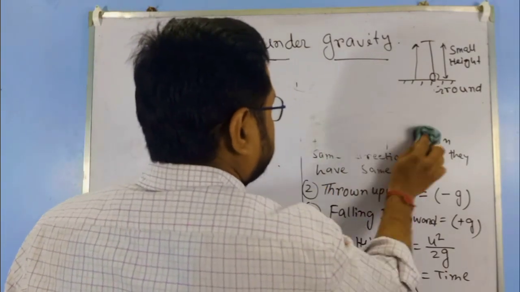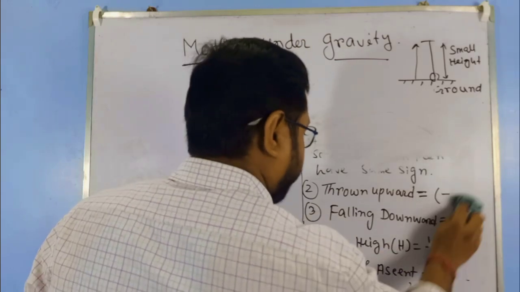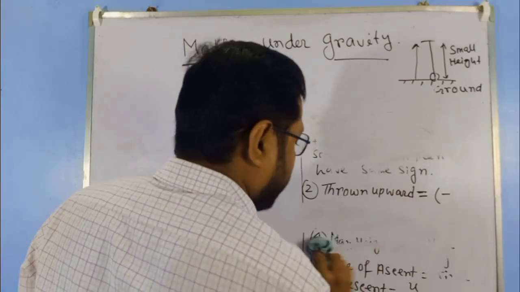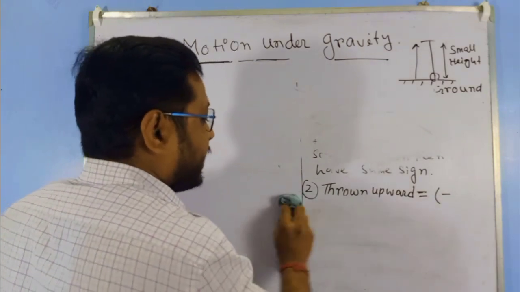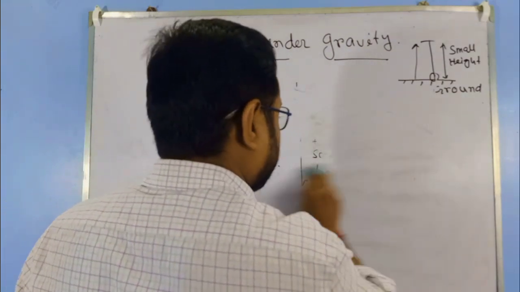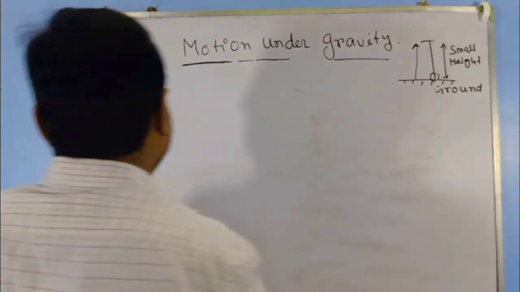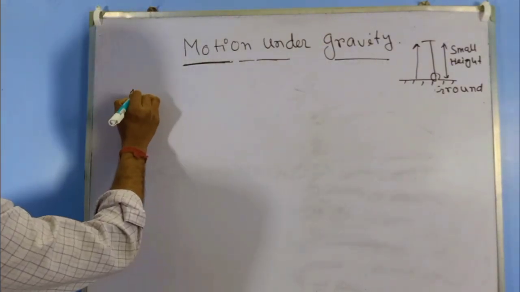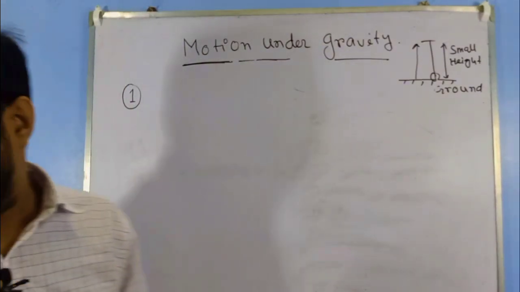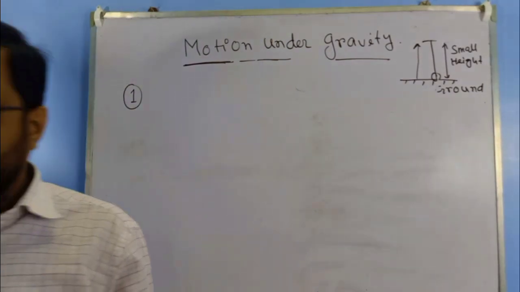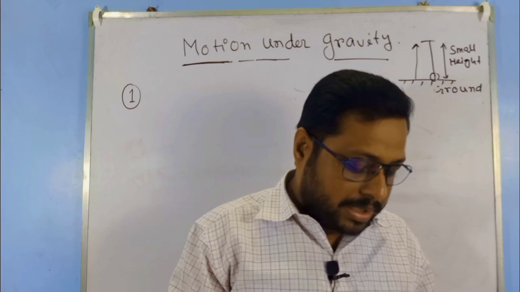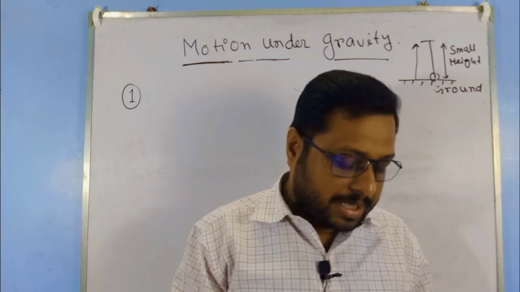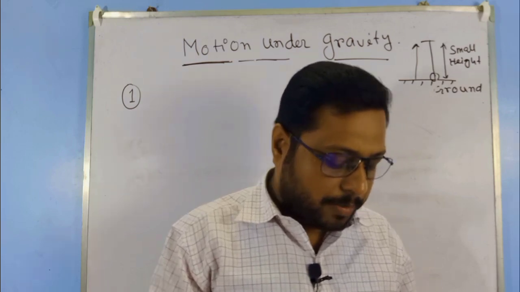Now we shall go with some numerical problems which are very important, and students often make mistakes by using the wrong sign convention. So let us do my first numerical: a ball is thrown vertically upwards with a velocity of 20 meter per second from the top of a building.